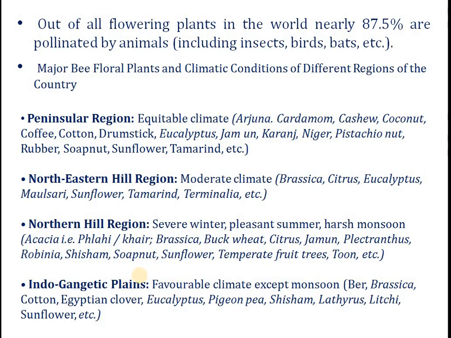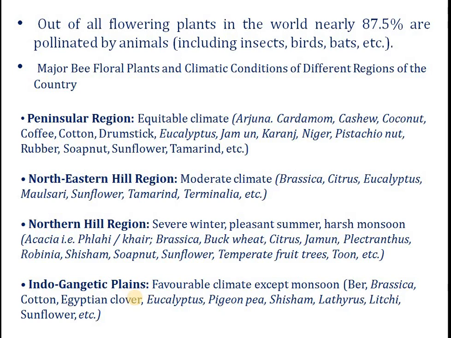Then the fourth region is the Indo-Gangetic plains, where the climate is favorable except in the monsoon, which is not suitable for honeybees.